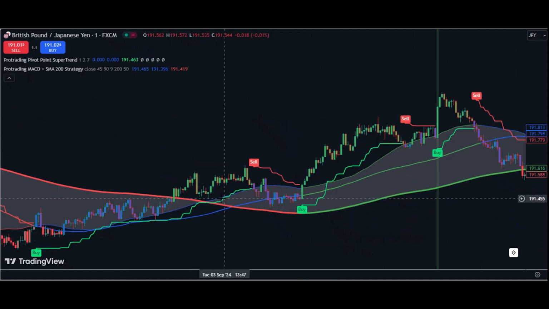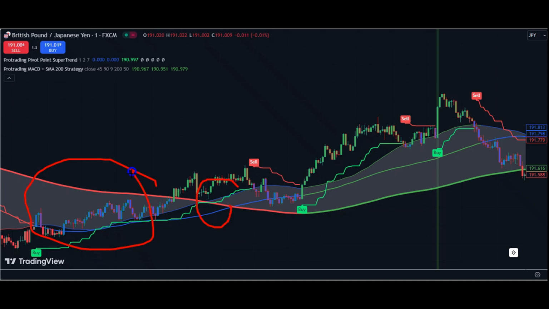Here, let's take a look at a buy opportunity using this strategy. At this point, we get that the cloud has moved from down. At this point, the cloud was down, which is a downtrend, and now it has changed to up. So from this very particular point, we have moved from down to uptrend.